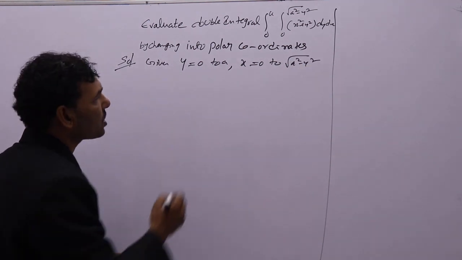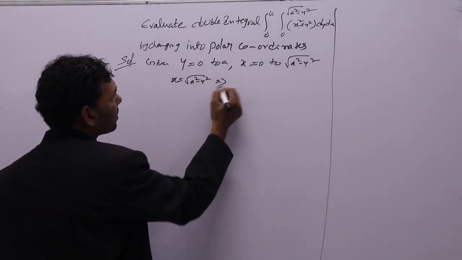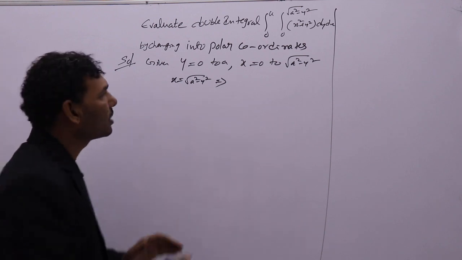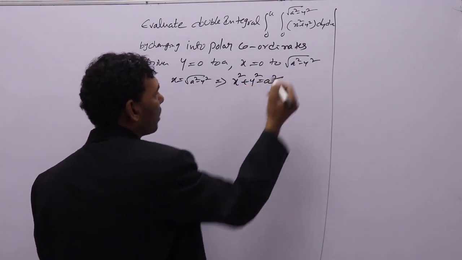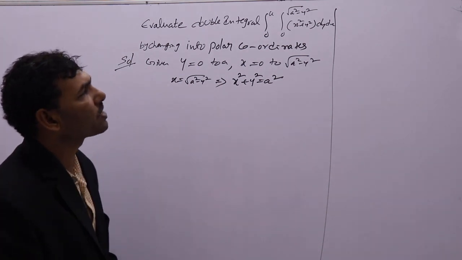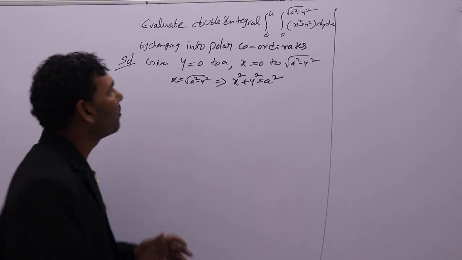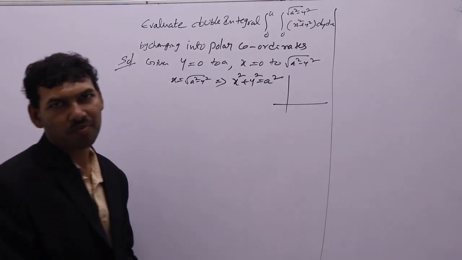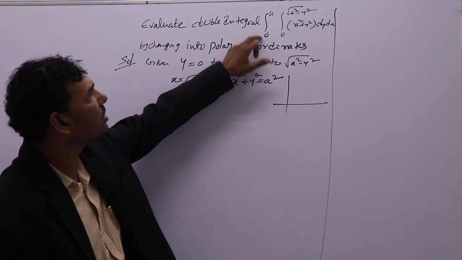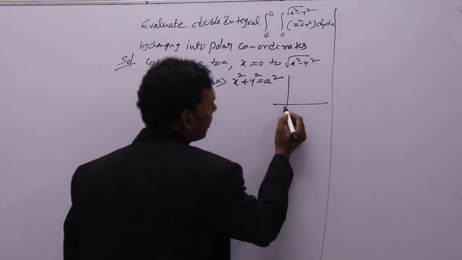From this, x is root a square minus y square. If you square on both sides, you will get x square plus y square equal to a square, which is a circle taken from the first quadrant only, because 0 to a means the positive region.